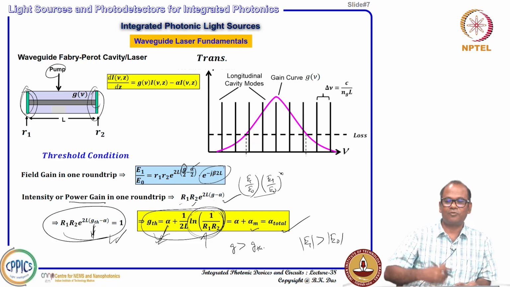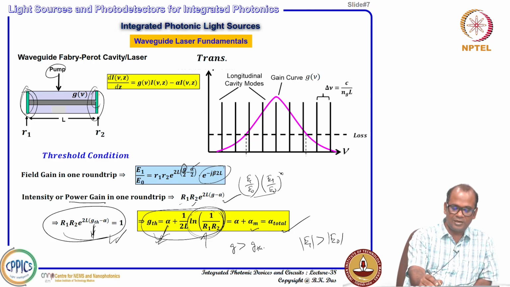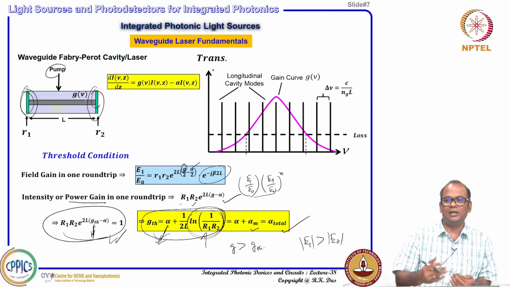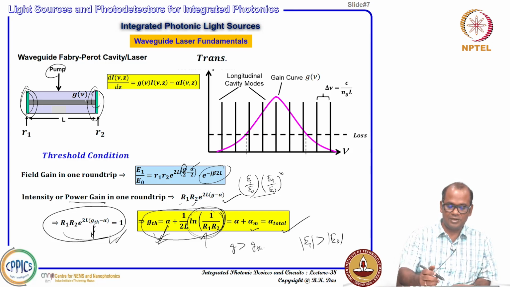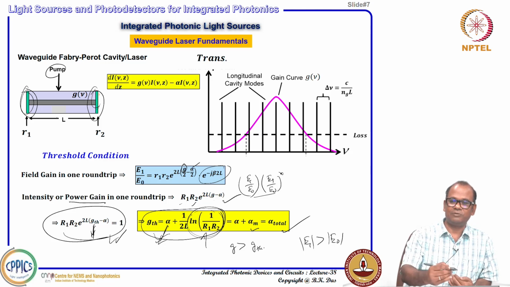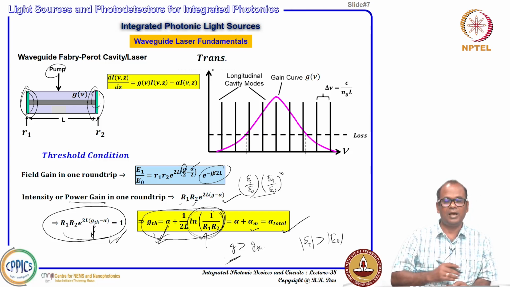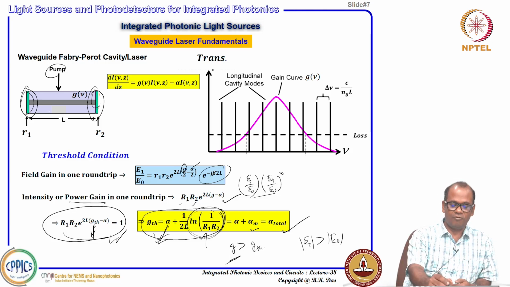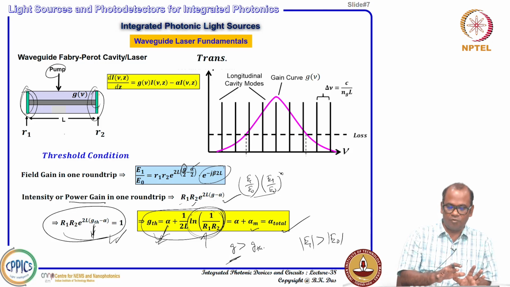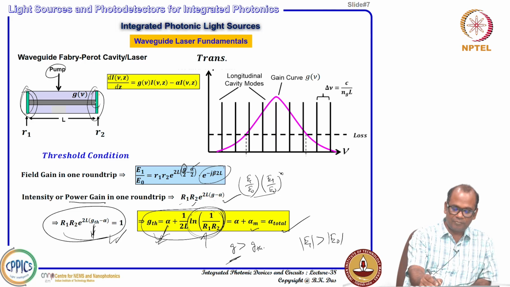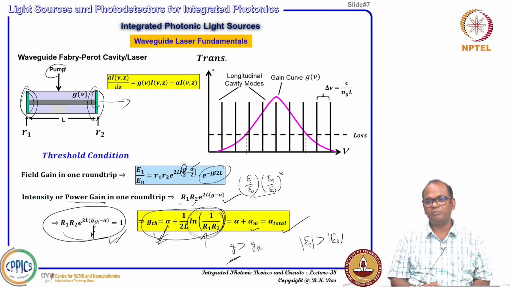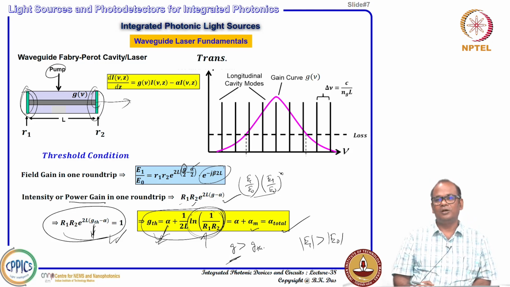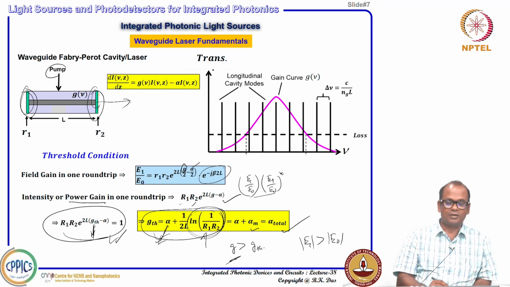How much it grows depends on your quality factor, gain, etc., and it will come to a steady state for a given G value. At steady state some energy is stored internally, and a fraction of that energy must be coming out, because this mirror does not have 100% reflectivity. That fraction of energy coming out is exhibited as a laser.